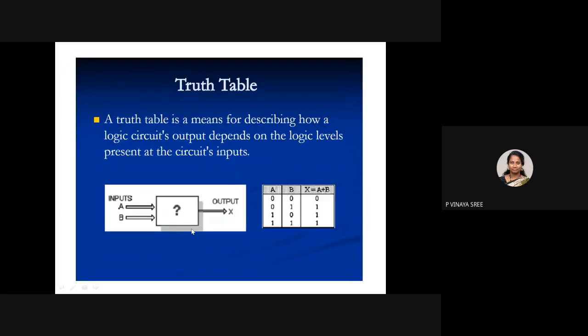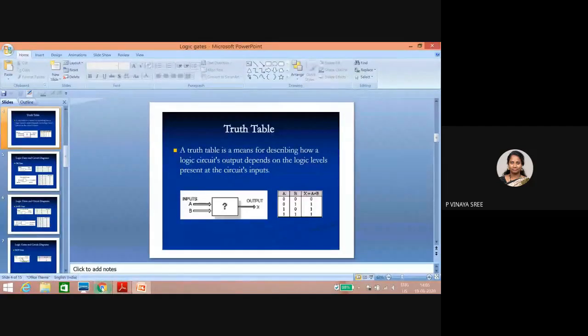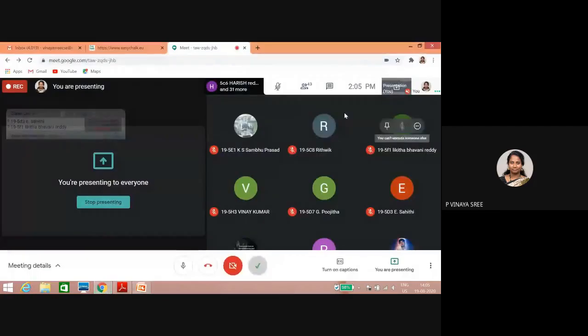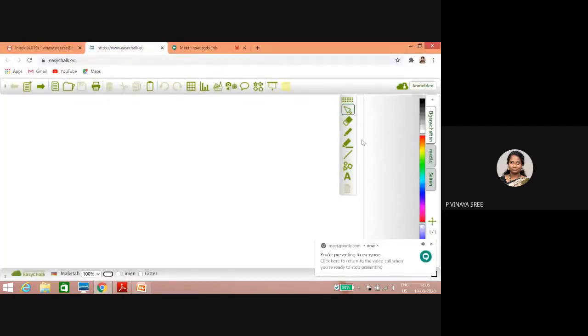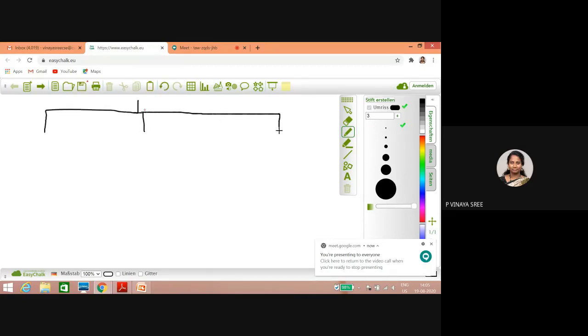Let us start with how many gates we have. Write down the side heading: classification of logic gates. Logic gates can be divided into three. The first one is basic gates.